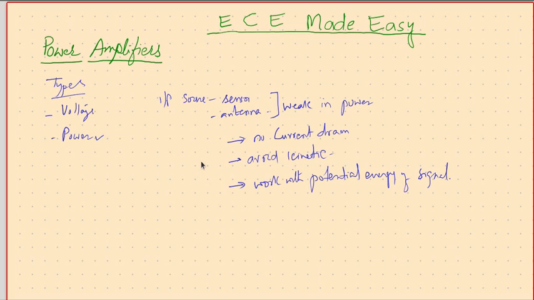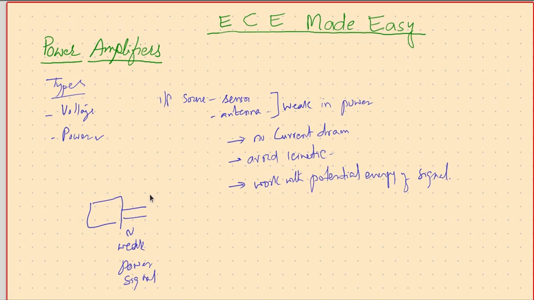Work with the potential energy of the signal. So whatever source we have, and this source is producing a weakly powered signal, we need to raise its level so that it can be usable.